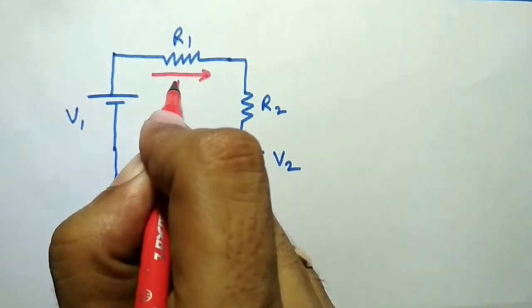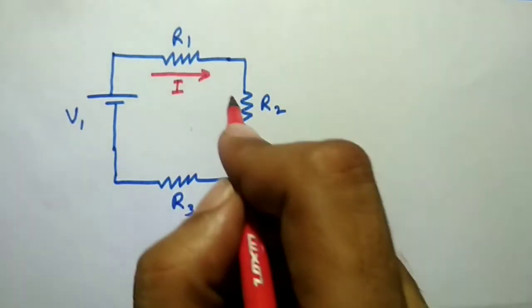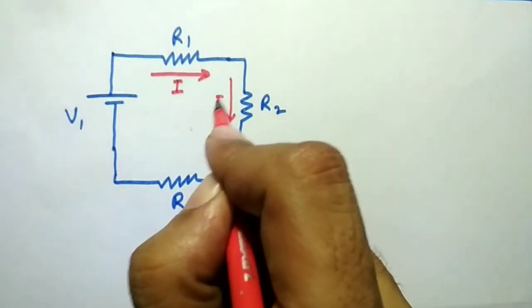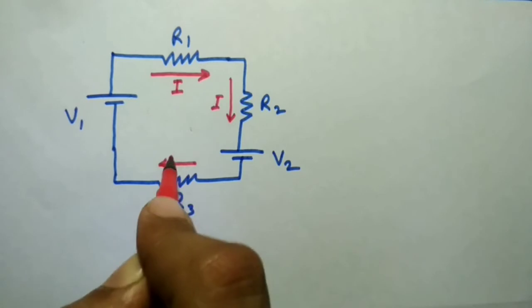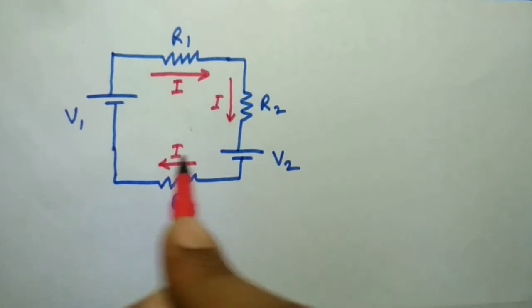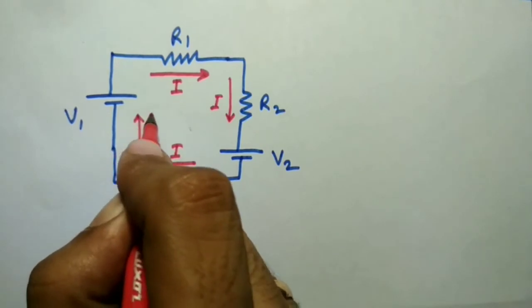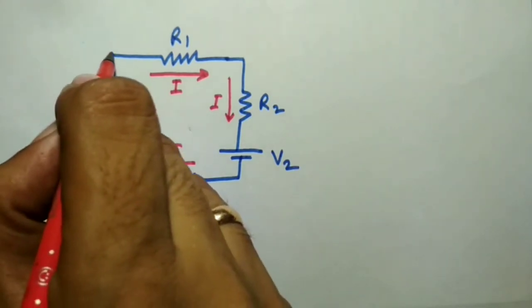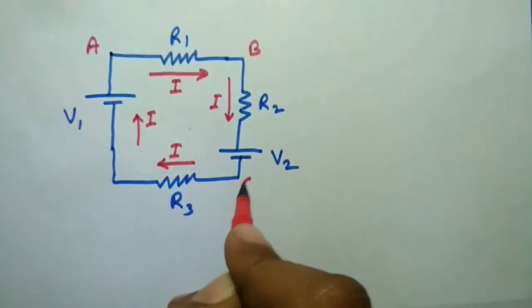So the current in R1 is from left to right, then the current will be from top to bottom, then from right to left through R3 resistance. So this is basically the direction of the current flowing clockwise. The nodes of the loop are considered as A, B, C and D.